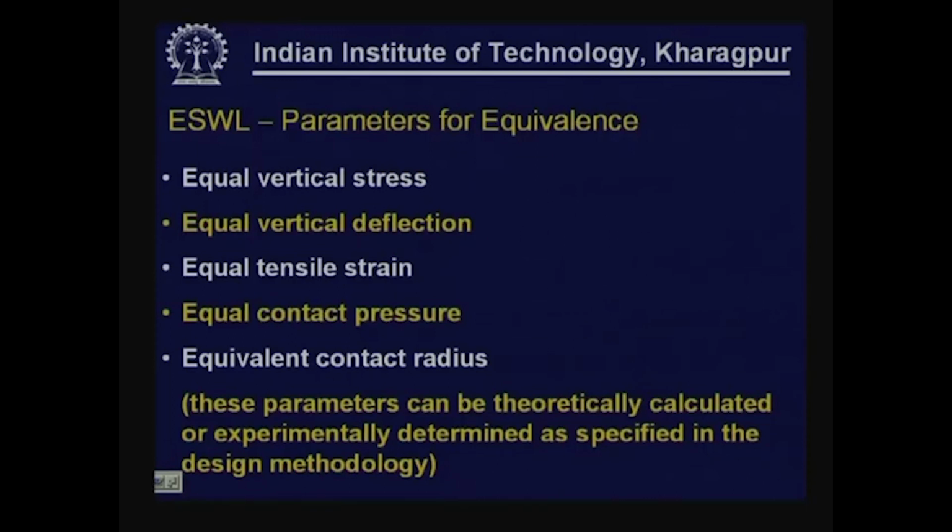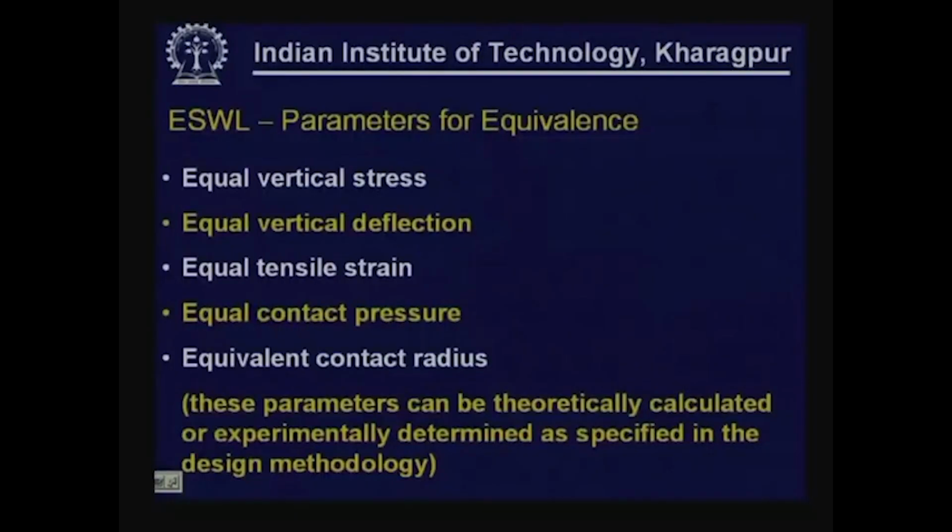The parameters of equivalence can be, as I just indicated, some of them: equal vertical stress. Equivalent single wheel load will have to produce same magnitude of vertical stress as would be produced by a set of wheel loads. It may be in terms of equal vertical deflection, it can be in terms of equal tensile strain, equal contact pressure, equal contact radius.